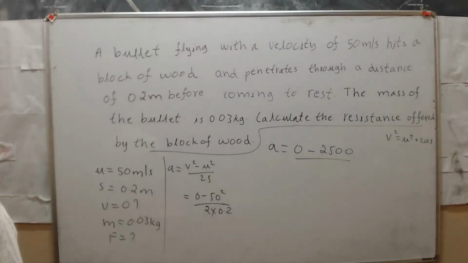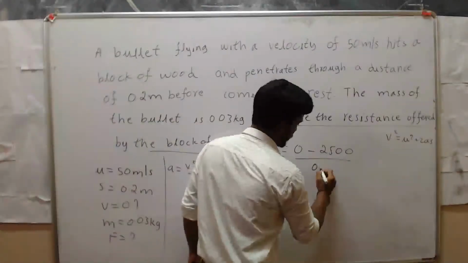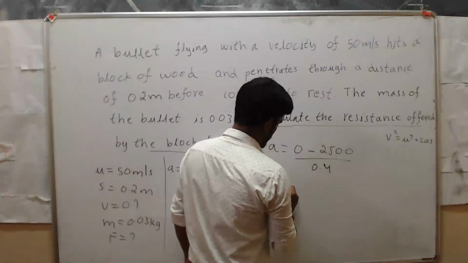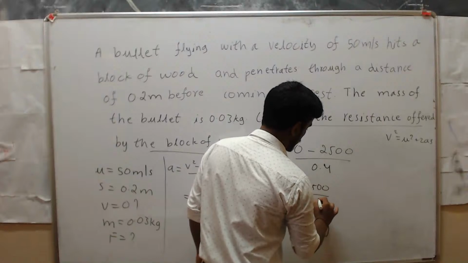So now 2 into 0.2. Okay, so what is the answer? 2 into 0.2, that is 0.4. So a is equal to minus 2500 divided by 0.4.